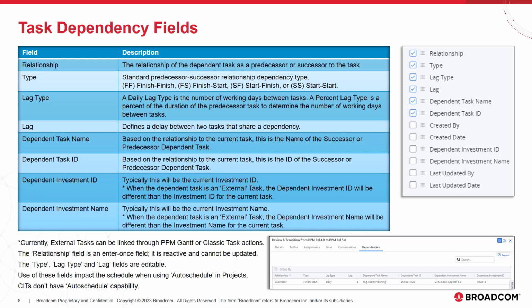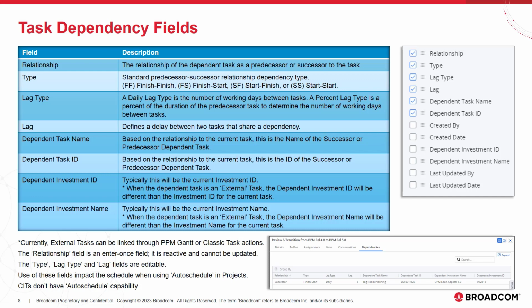The most common type of dependencies is where both tasks are within the same investment. However, if there are external task dependencies created from Classic or PPM Gantt, the dependent investment name and ID values can be used to identify external dependencies. The name and ID would be different than that of the current investment.